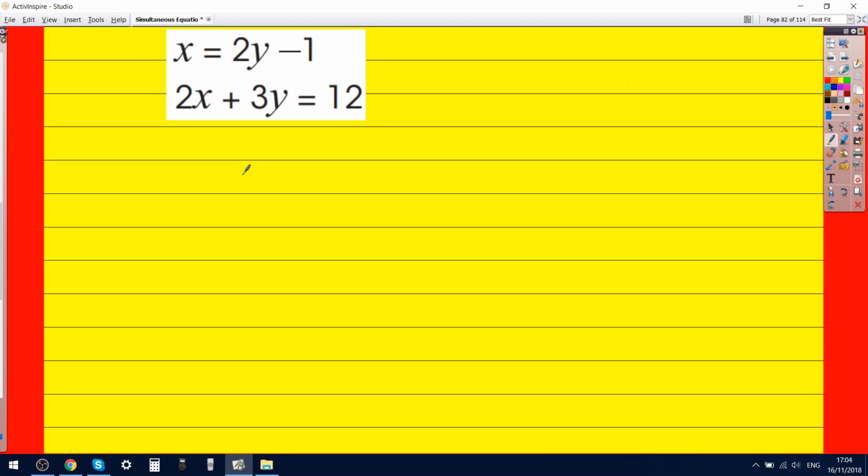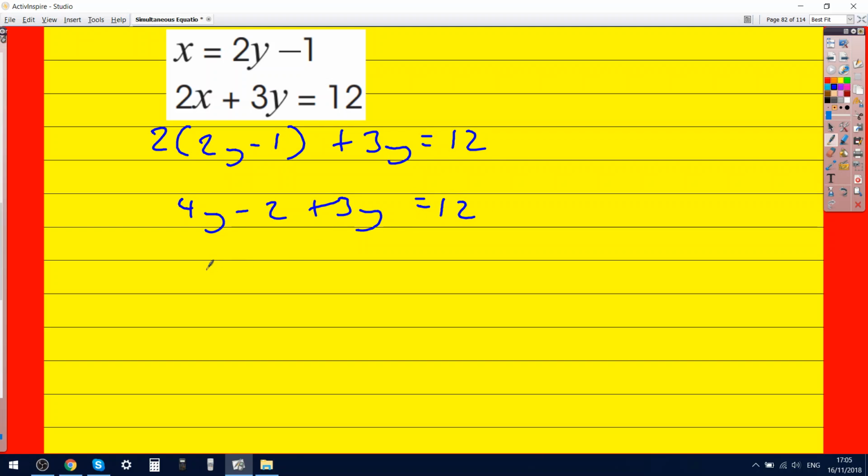Then you get 4y minus 2, so it's 7y minus 2 equals 12. Okay. Yep. So then you do 12 add 2. What do you get? So then it's 7y equals 14. And it's just y equals 2.